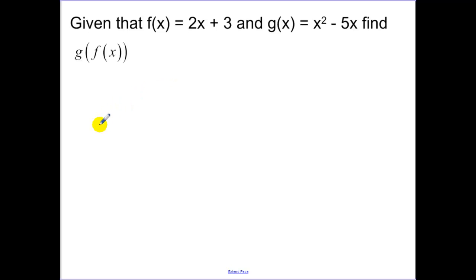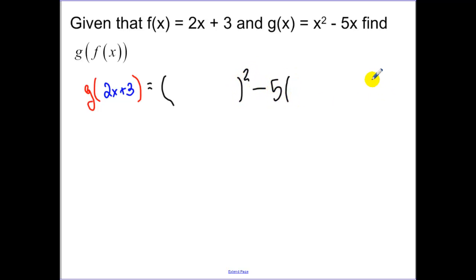So here we're finding the composite of g of f of x. So g of f of x. f of x is 2x plus 3. And that equals, okay, g of x is x squared minus 5x. But what is x? x is this whole piece inside here.